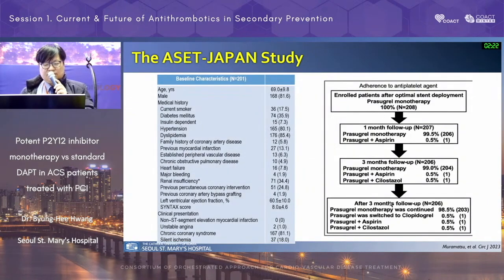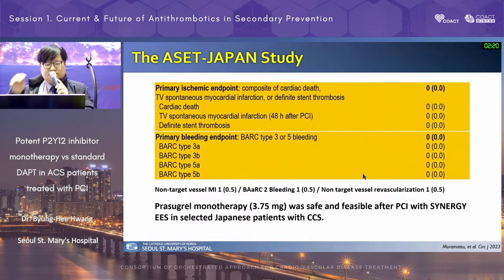As you can see, after 3 months, there was no problem with prasugrel monotherapy at 3.75 milligrams; it was safe and feasible. Of course, we have to think about the longer term and longer effects, but in this study, in selected patients, we can maybe use prasugrel monotherapy even just after PCI.